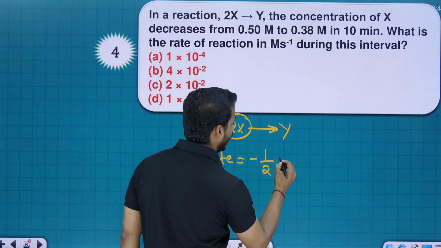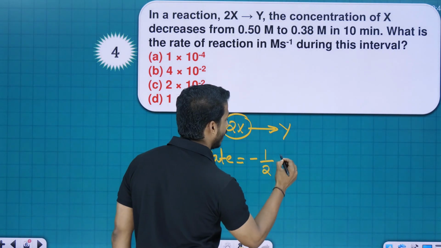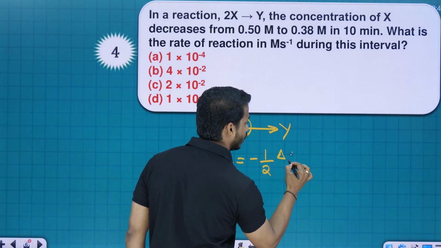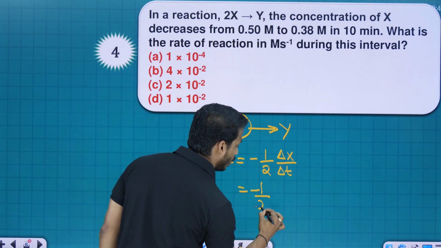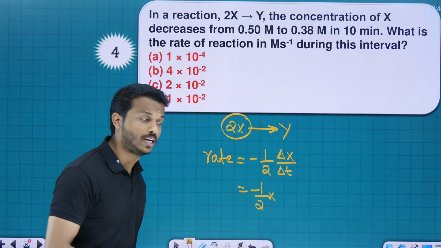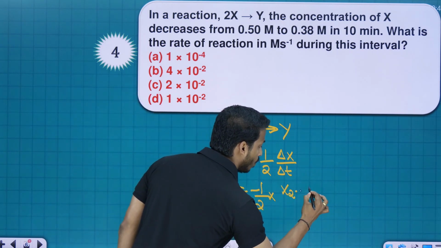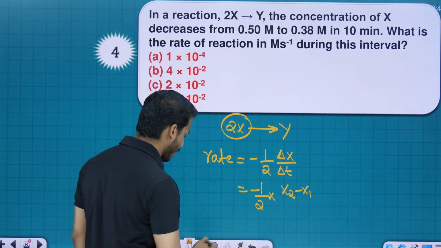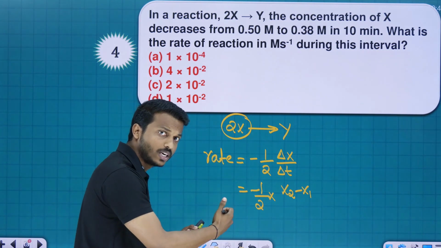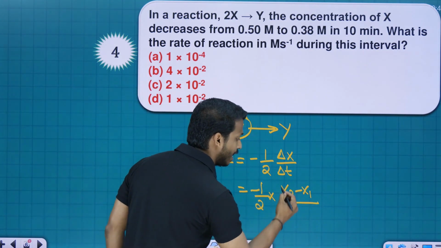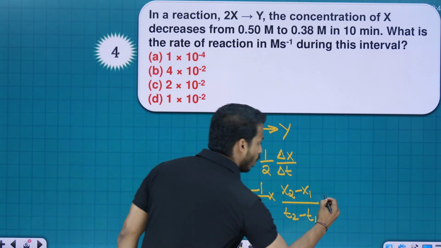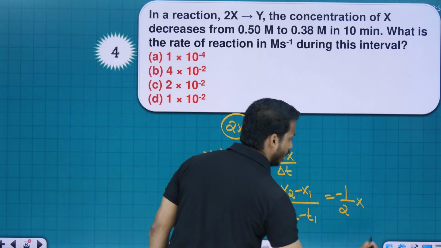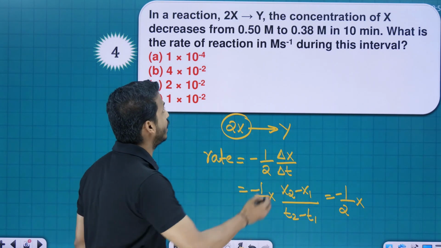Minus 1 by 2 into dX divided by dt, or change in concentration of X divided by change in time. What is delta X? Delta X means X2 minus X1, that means final concentration minus initial. What is delta T? T2 minus T1, change in time. So that is equal to minus 1 by 2 into, what is the final concentration?